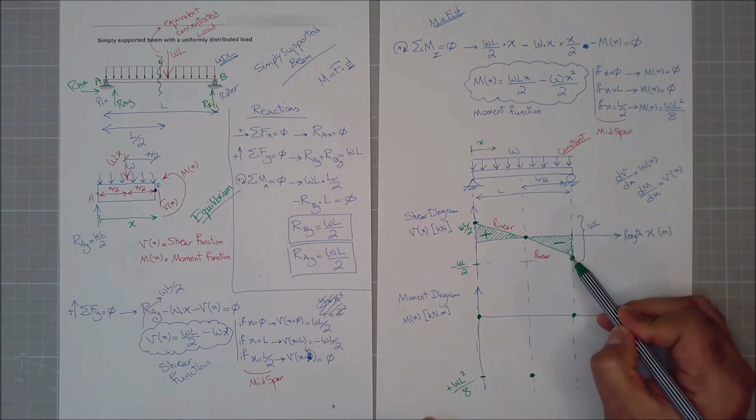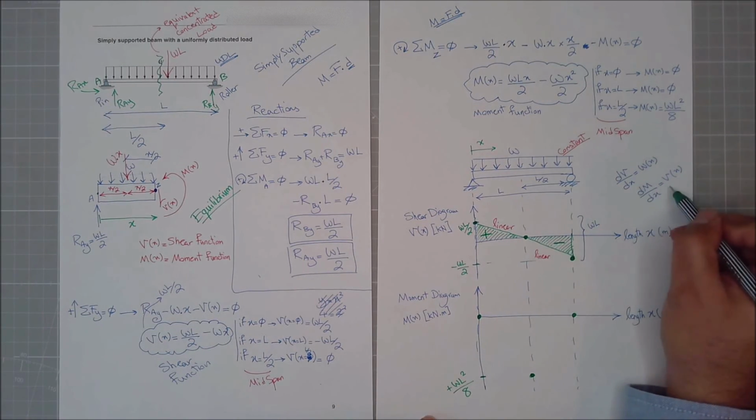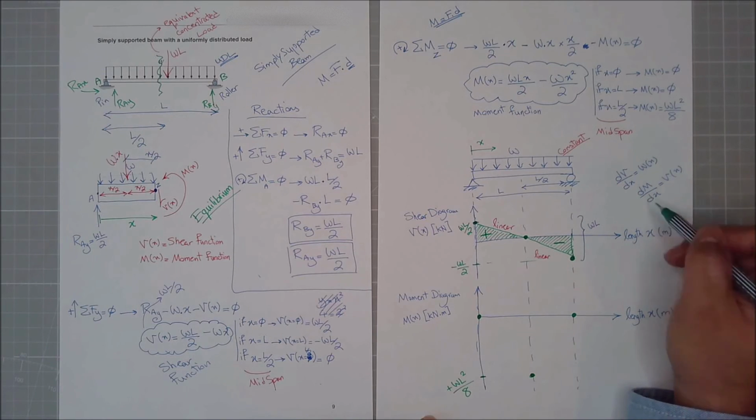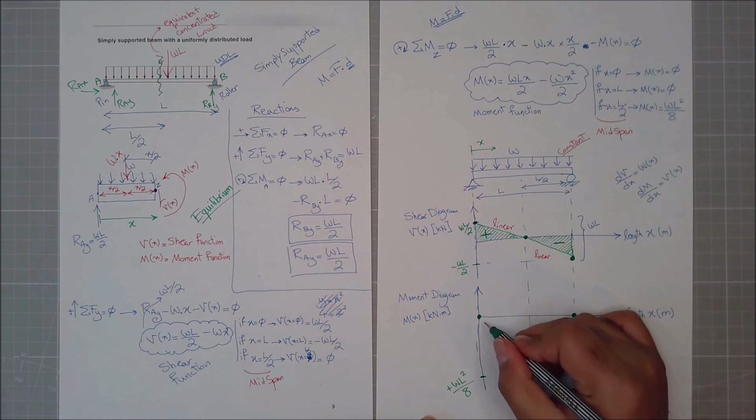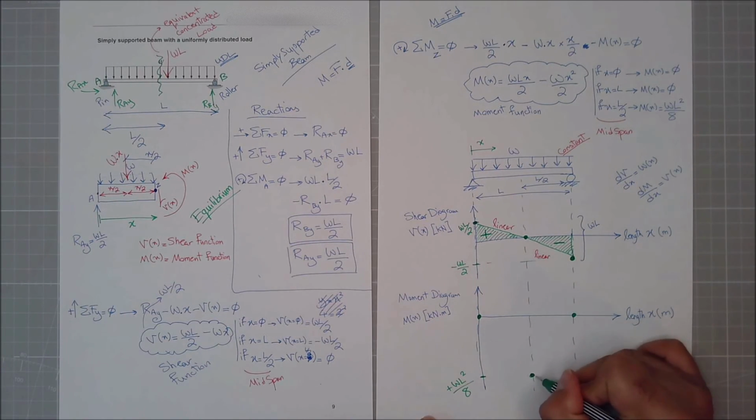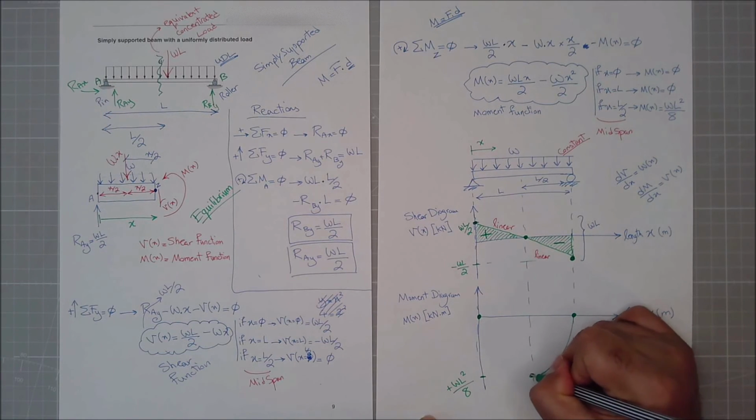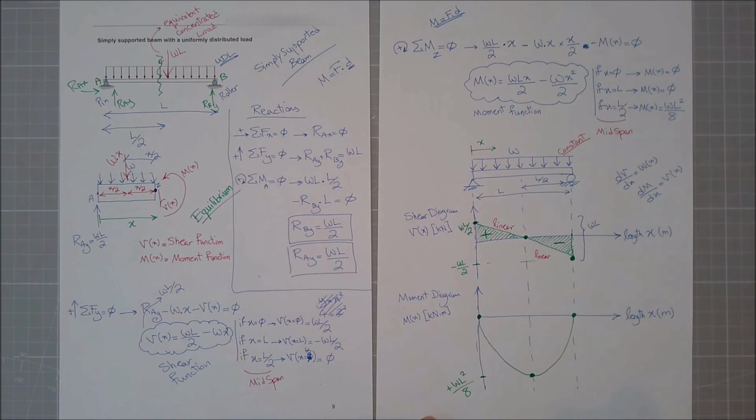I get help of this. Didn't we say that the moment is a higher order than the shear? So if my shear is linear, my moment will be parabolic. So instead of drawing a straight line, I go parabolic. And this will be my moment diagram.